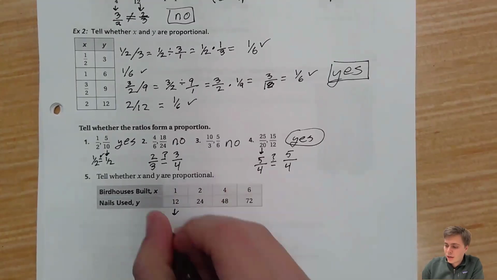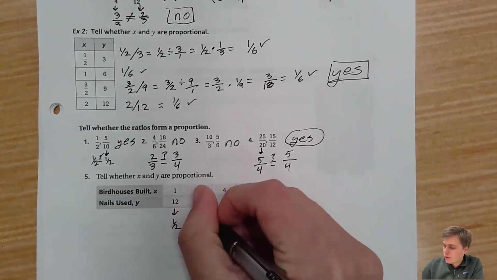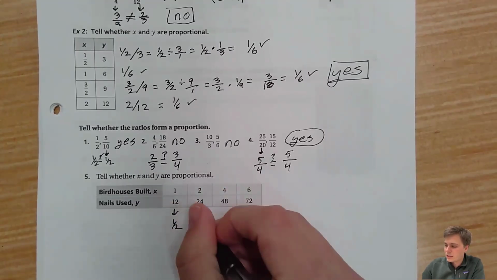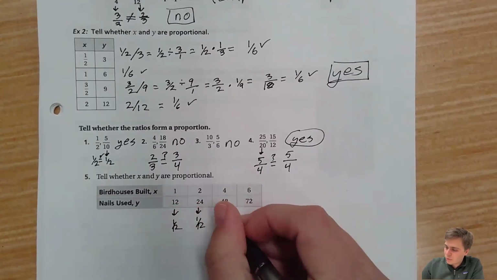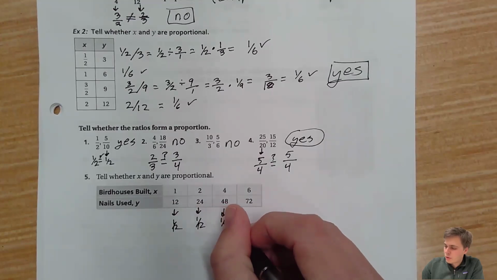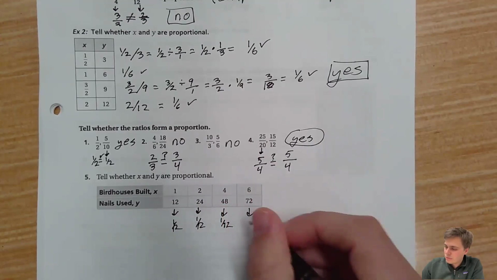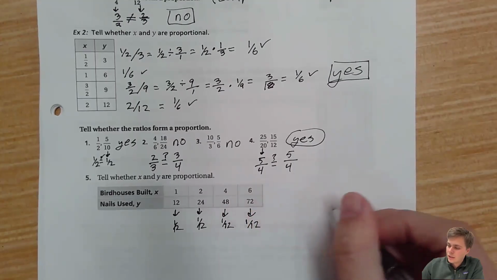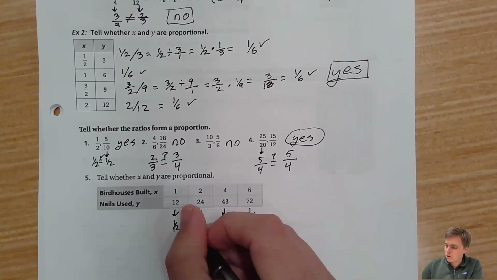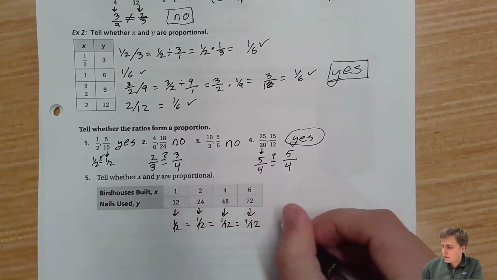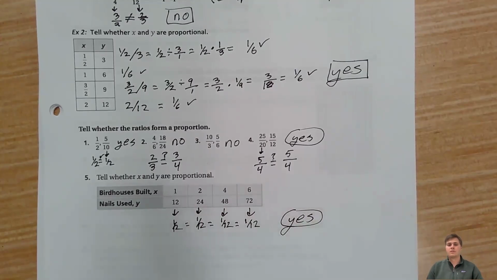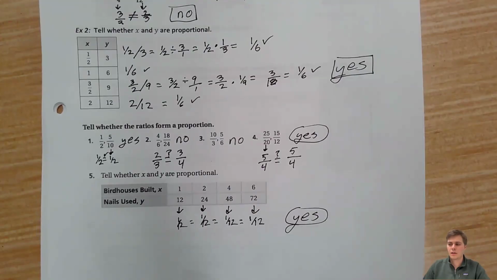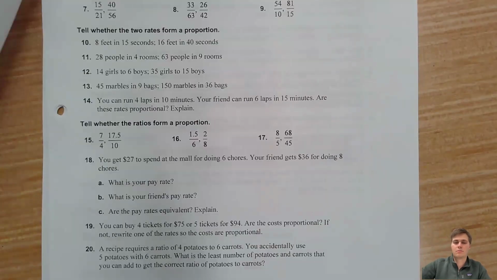So let's do x over y since that's here. 2 over 24 simplifies to 1/12: divide the top and bottom by 2, 1 over 12. 4 over 48, divide the top and bottom by 4, 1 over 12. 6 over 72, divide top and bottom by 6, 1 over 12. So these are all equal, thus, yes, proportional. Okay, so we're going to go to the next page here and do one little bit of new thing.